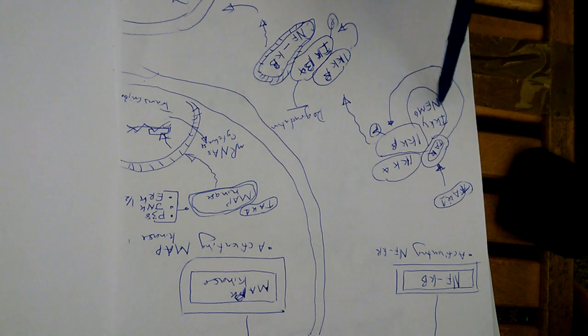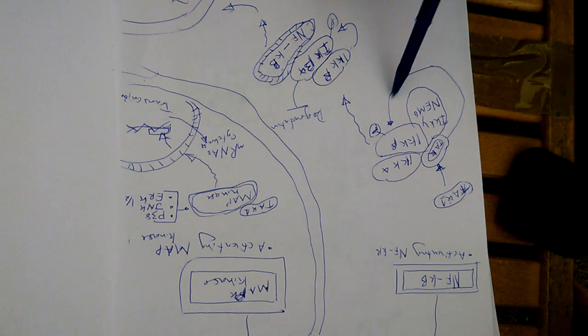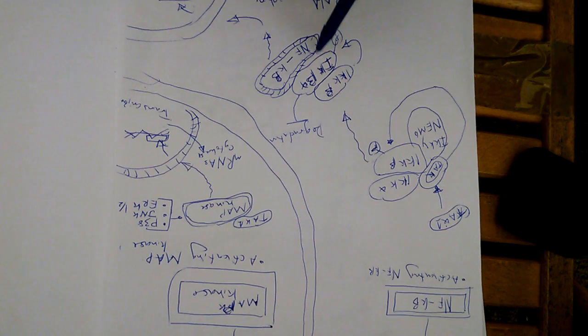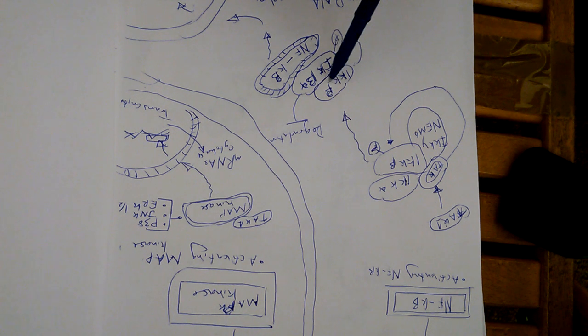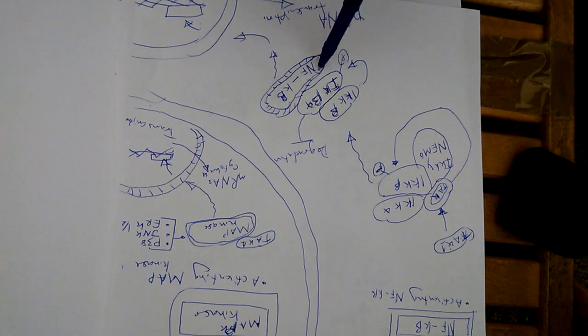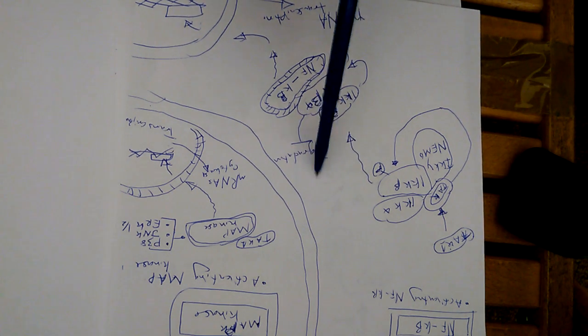Now, IKK gamma is also known as NEMO, by the way, and that leads to the activation of IKK beta. IKK beta goes ahead to bind to IKB alpha, which is an inhibitor of NF-kappa B. When IKK beta binds and phosphorylates it, IKB alpha then leaves and gets somehow degraded. Just look at the diagram if I'm making a lot of stupid mistakes.